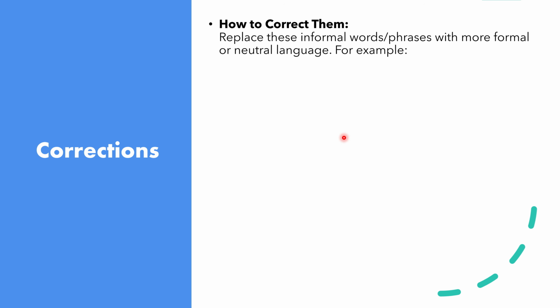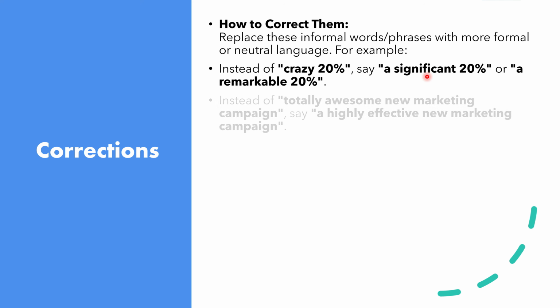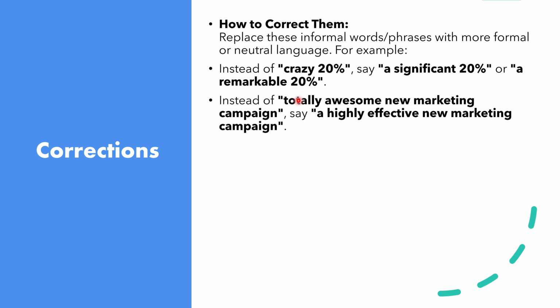So let's see. Instead of saying, for example, crazy 20%, I can say a significant 20%, a remarkable 20%. These words are better than saying crazy. Crazy is not a right word to say in a report. But look at these words, we can use them instead. Also, when he said totally awesome new marketing campaign, he could say a highly effective new marketing campaign.